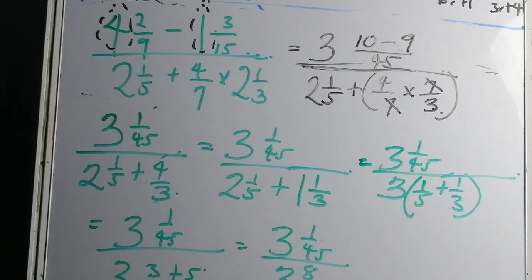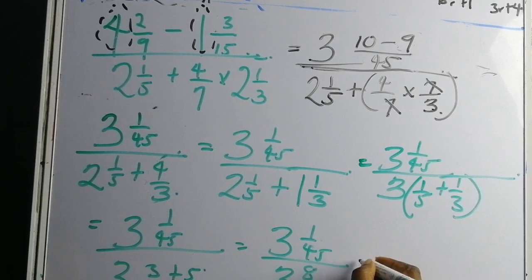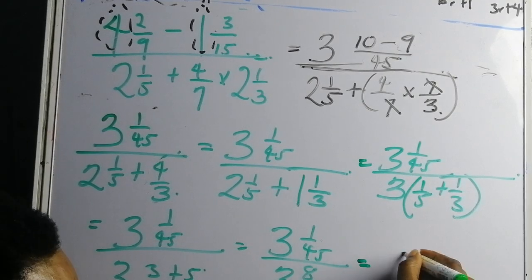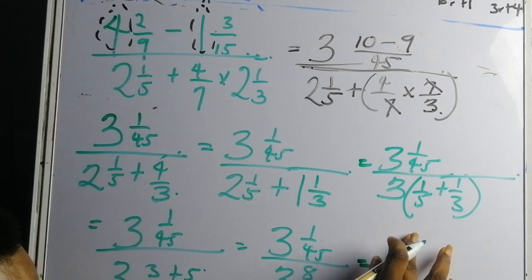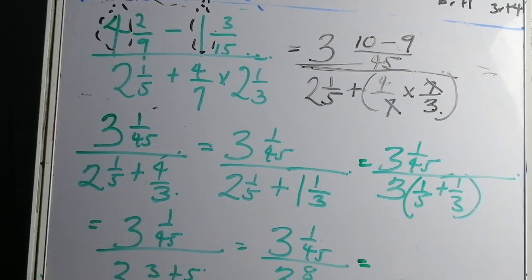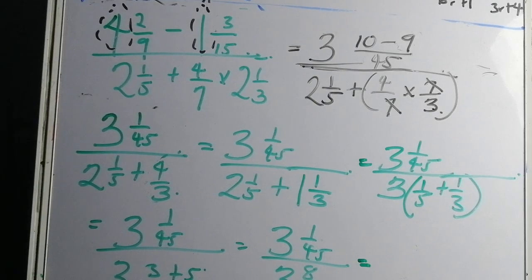Okay, so now I can convert this to a proper fraction. 45 times 3, 3 times 5, that's what? 15. Carry 1. 4 times 3, 12 plus 1, 13. Okay, let me do it like this. 5 times 3 is what? 15.